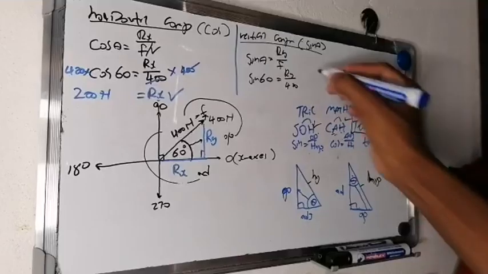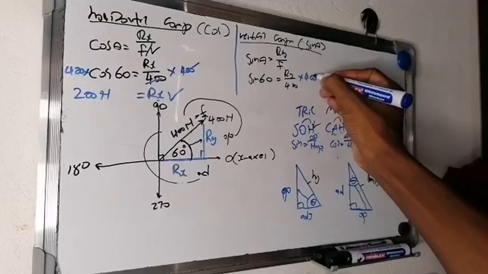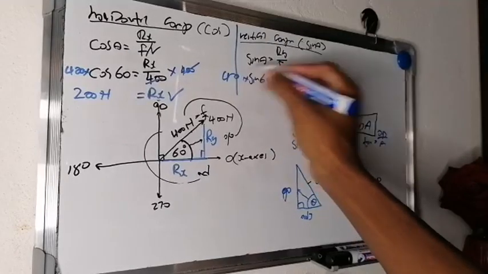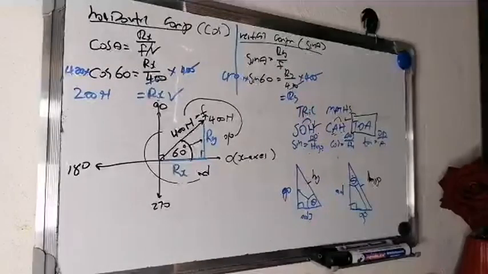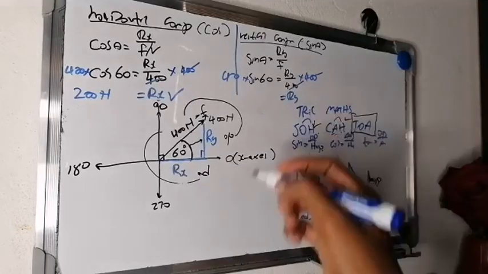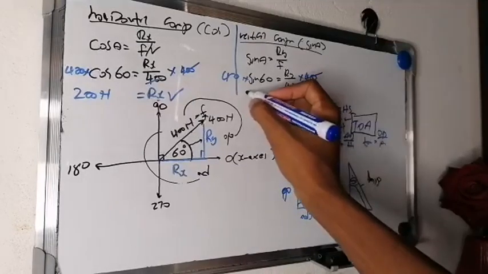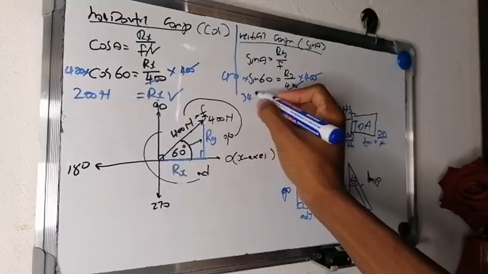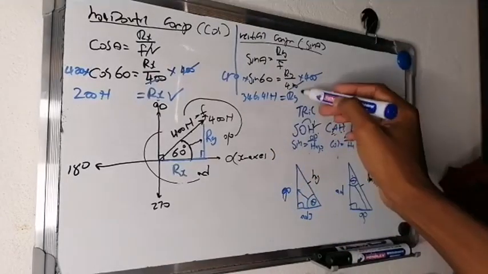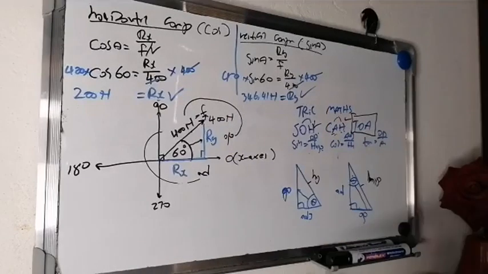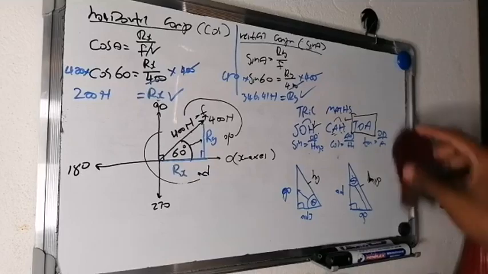You multiply both sides by your denominator, which is 400. Cancel that, and you'll be left with Ry. Then 400 multiplied by sine 60 is going to give you 346,41 newtons. That's how you calculate the vertical component and the horizontal component. So that's what you basically do.